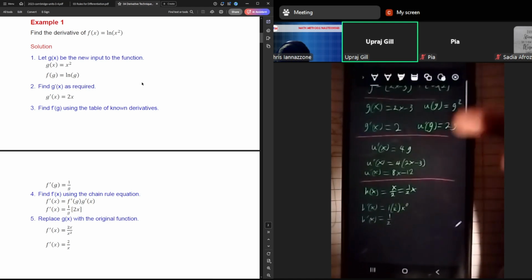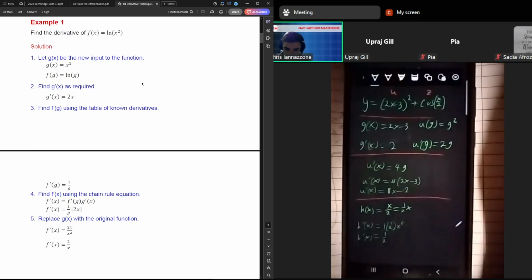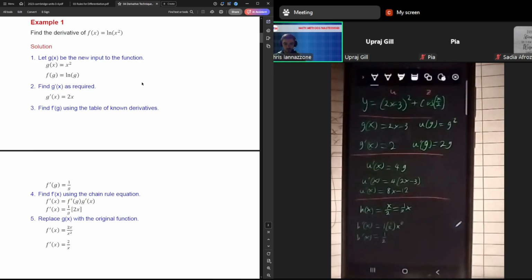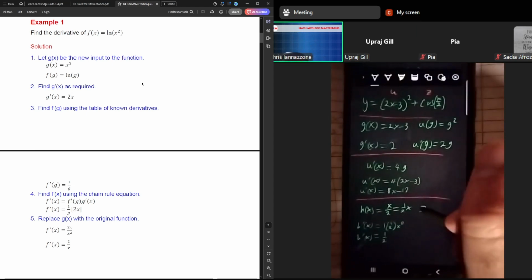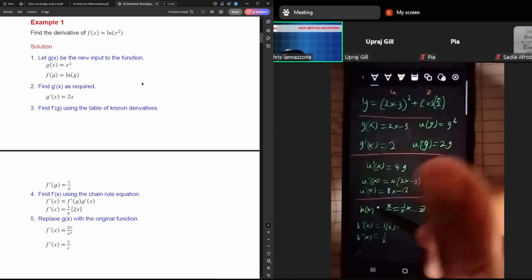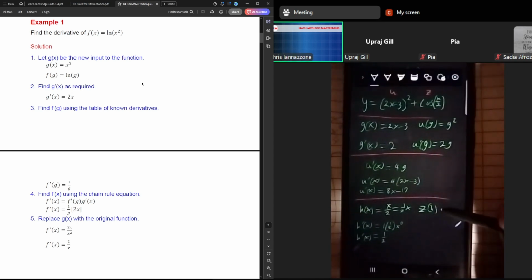And then what else do we need for finishing up chain rule? We need z of h. Yep, z of h. That's good. So z was the function we're trying to derive, and we take a substitution out of that.